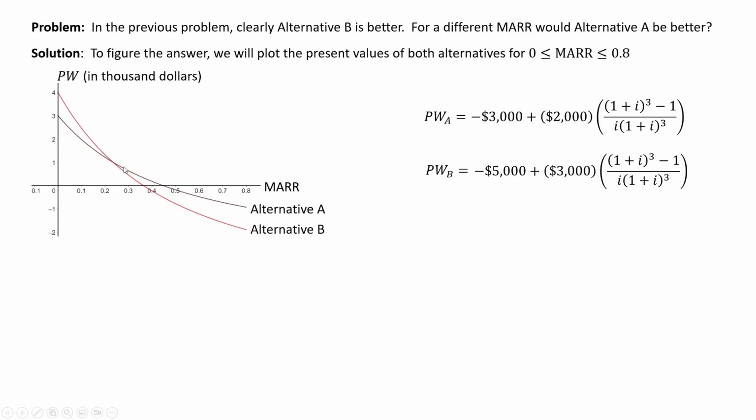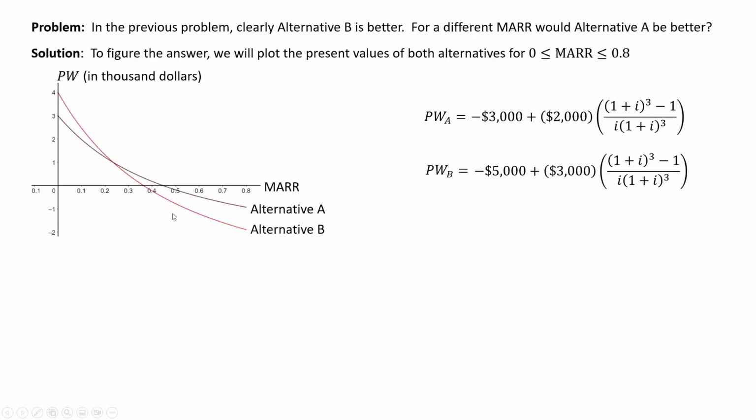But if you follow each of these curves, they go into negative territory at some i value, for a minimum attractive rate of return of what looks like 0.38 or something, and this one at something like 0.45. After that, they are both going into negative territory.